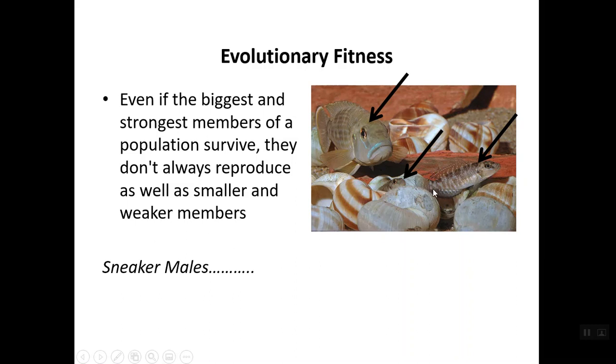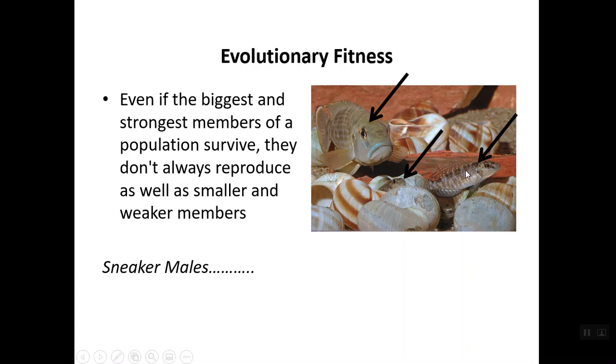And the small male resembles a female. I'm sorry, here it should say this is the female, I believe, and this is the male, but the small male is very similar to the female. So there are two types of males in the same species. One is small and resembles the female. One is big and scary.